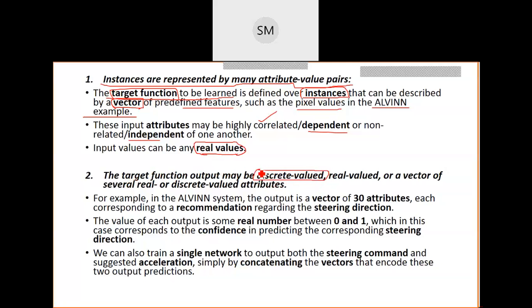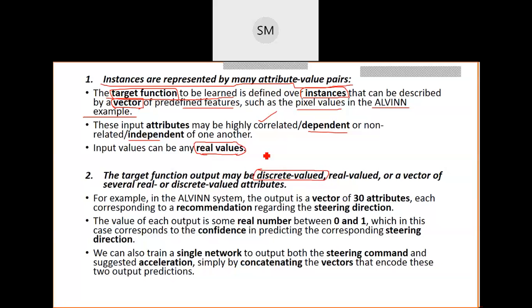Discrete means, for example, if you consider temperature as an attribute, it is discrete when it contains only three or four possible values like hot, cool, and mild. Continuous attributes mean temperature may be 30 degrees, 32, 35, 40, whatever continuous values we can consider for temperature.